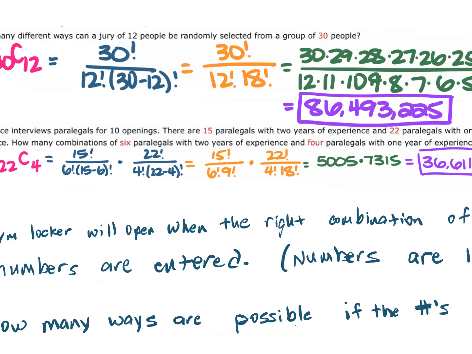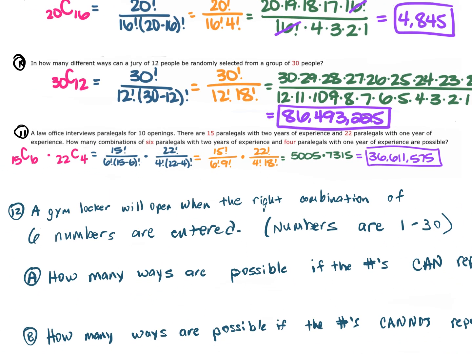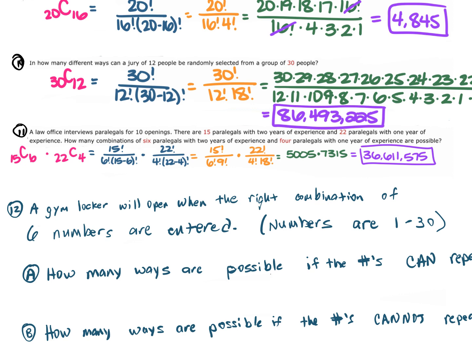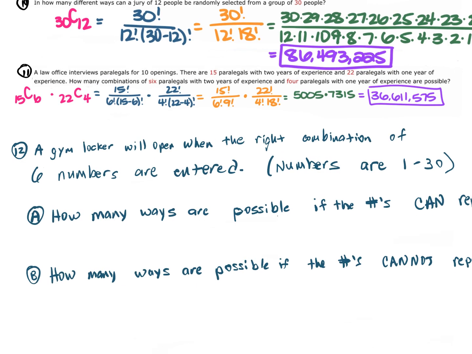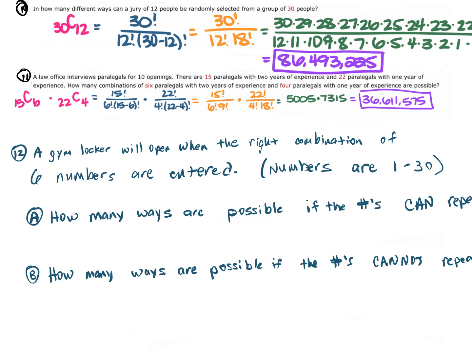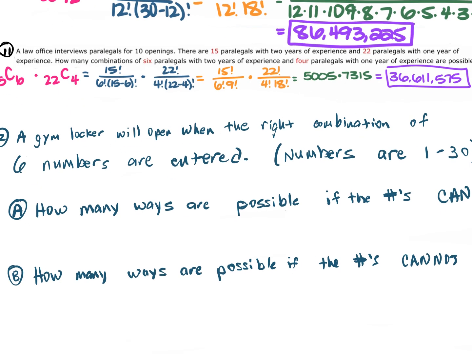For your last question, it tells you that a gym locker will open when the right combination of 6 numbers are entered. Numbers are 1 through 30. For A, it asks how many different ways are possible if the numbers can repeat. So you have 6 options to choose from. You have 1, 2, 3, 4, 5, 6. Out of the first, you have 30 numbers to choose from.